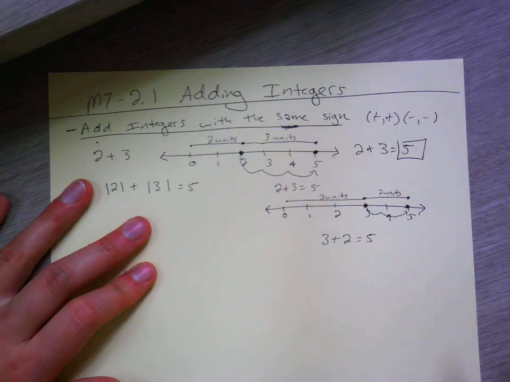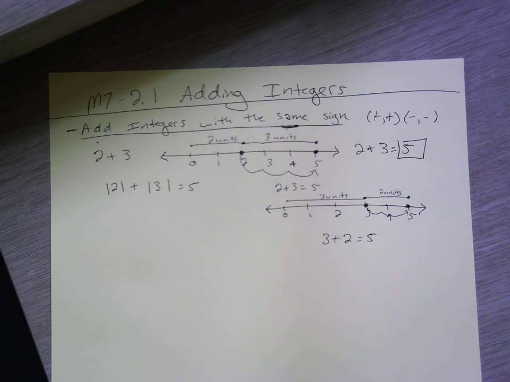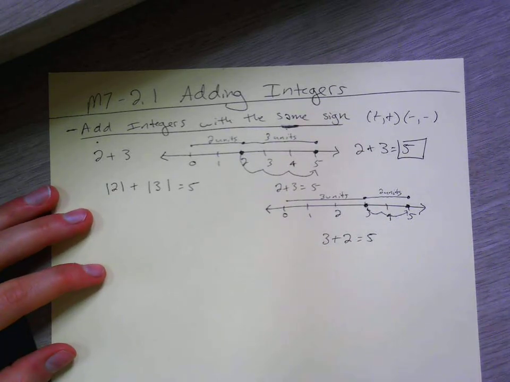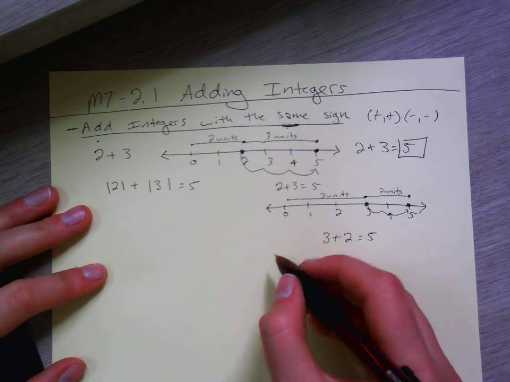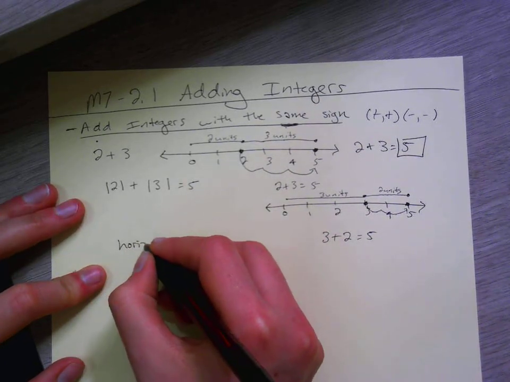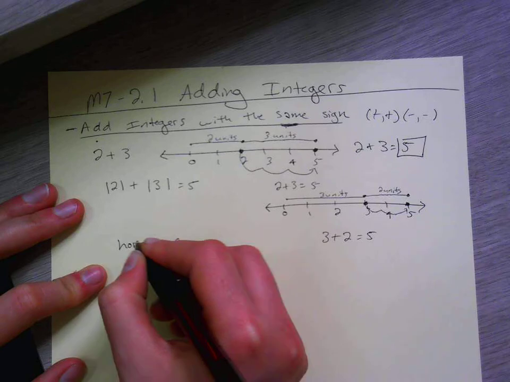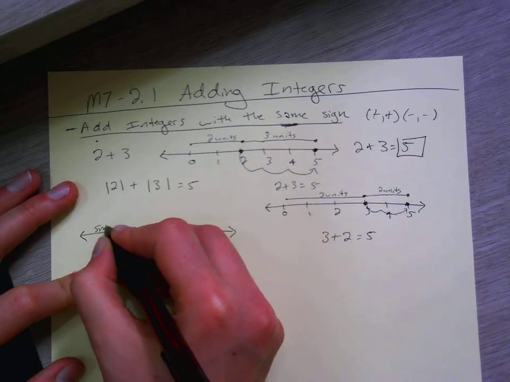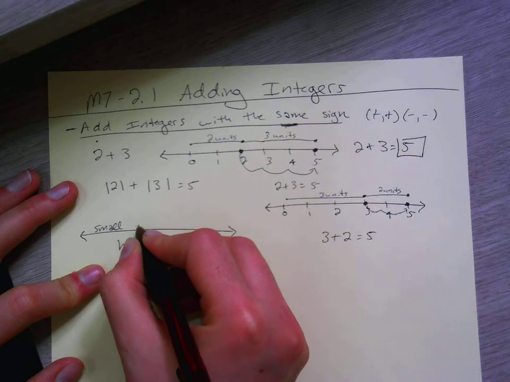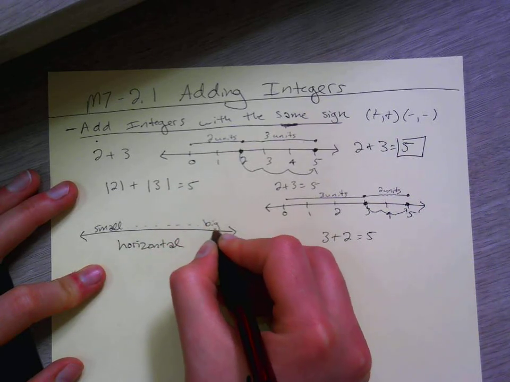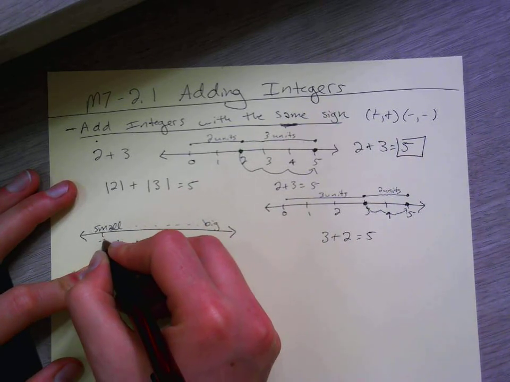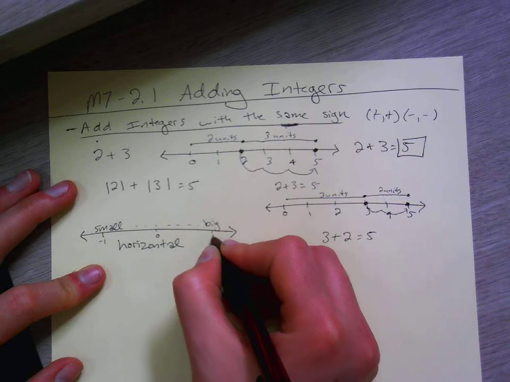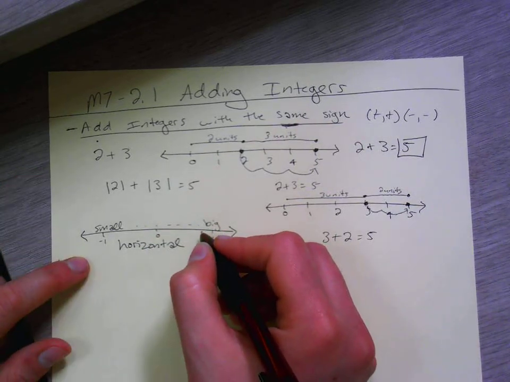Okay, this is on a horizontal number line. And so we know that on a horizontal number line, so let's say horizontal is this way, smaller numbers are over here and bigger numbers are over here. For example, -1, 0, and 1. 1 is bigger than -1, 0 is somewhere in between.